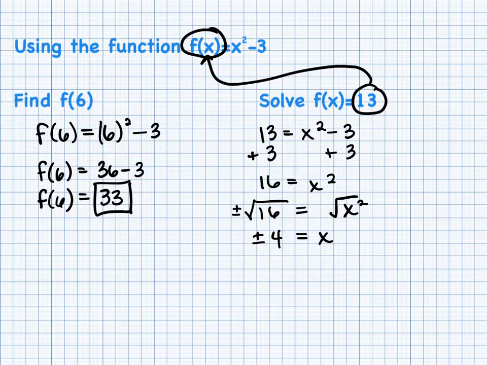And I kind of talked about this in the warm-up, and I've talked about it before, but just to reiterate, if I have x squared equals 16, 4 squared is equal to 16, and negative 4 squared is also equal to 16. So that's why I have this plus or minus there.